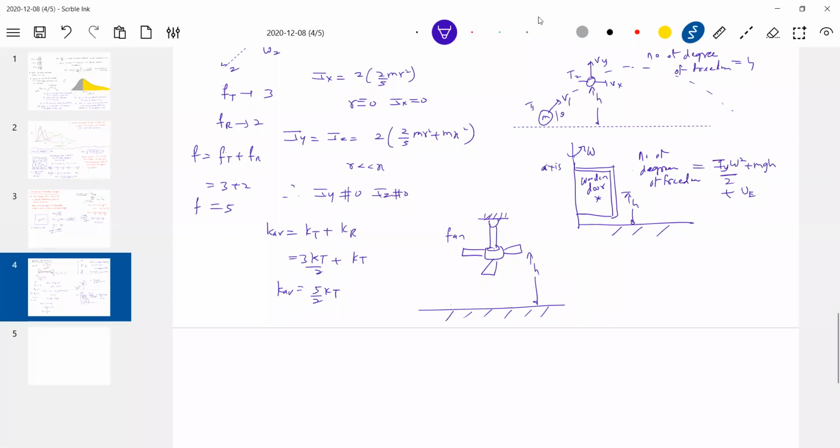Gravitational potential energy. Rotational kinetic energy about the axis. And the fan is made of metal, no? And definitely it will heat up, no? Am I right? Okay, let's neglect oscillation. So one, rotational kinetic energy, gravitational potential energy, 2. Then as it rotates, air drag will act, heat will be generated. So 3 degrees of freedom has come.